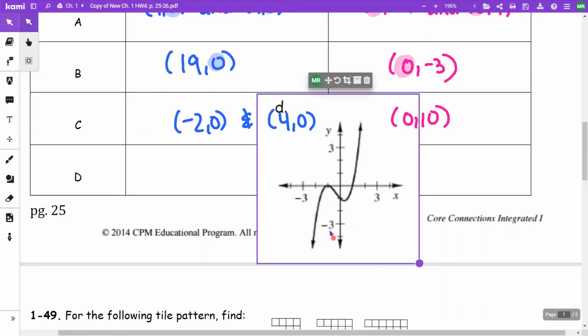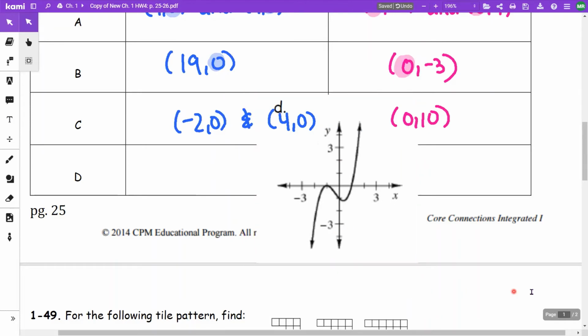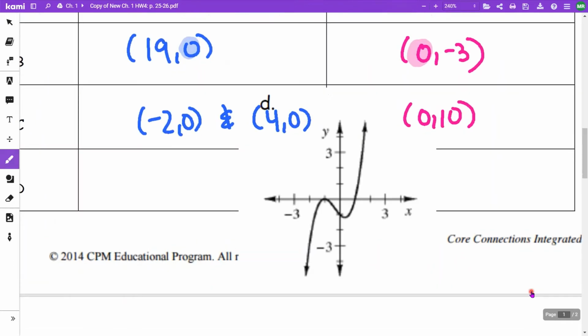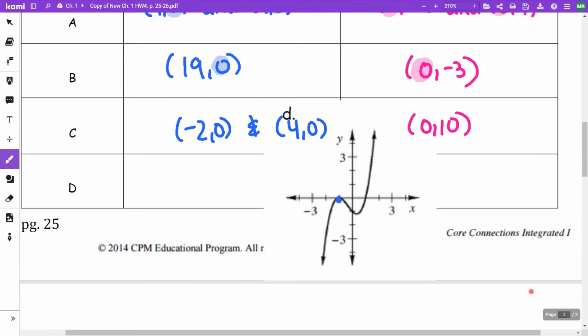So on letter D, this one here is letter D. When we're trying to find our x and our y intercepts, again, our x-intercepts are where it crosses the x-axis. So on D, it looks like it crosses here, which is at -1, and here, which is +1. So I'm going to have -1, comma 0, and I'm going to have 1, comma 0.